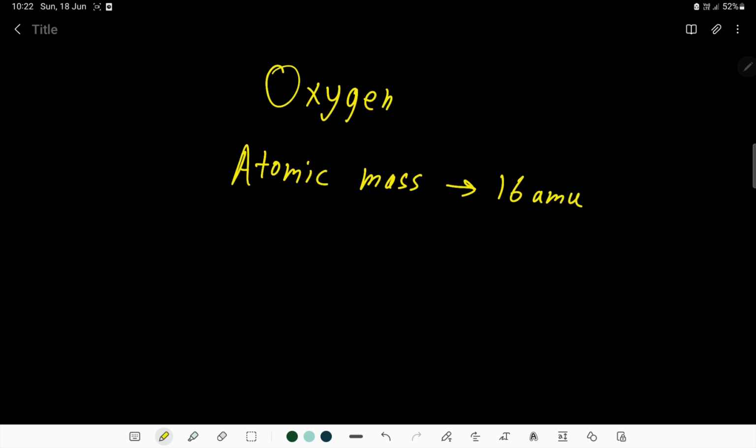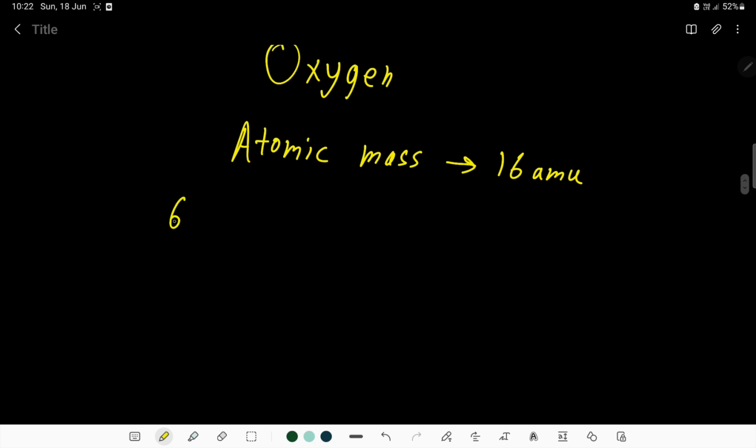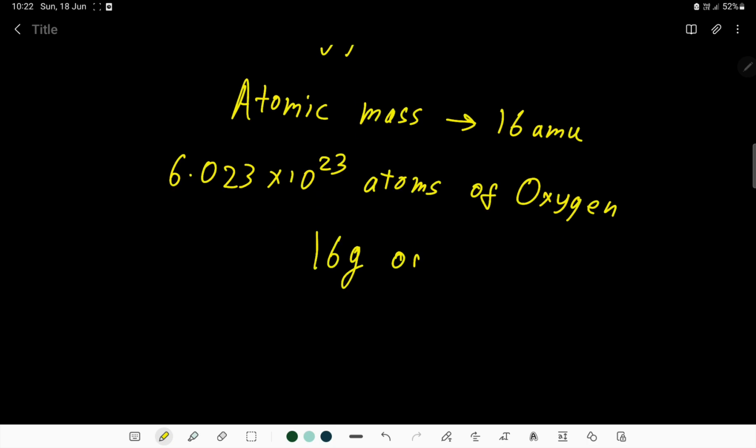It means that oxygen has exactly 16 nucleons in its nucleus. Nucleons are just protons plus neutrons. So oxygen has exactly 16 protons and neutrons in its nucleus together. So if I take 6.023 into 10 to the power of 23 atoms of oxygen, it will make exactly 16 grams of oxygen.